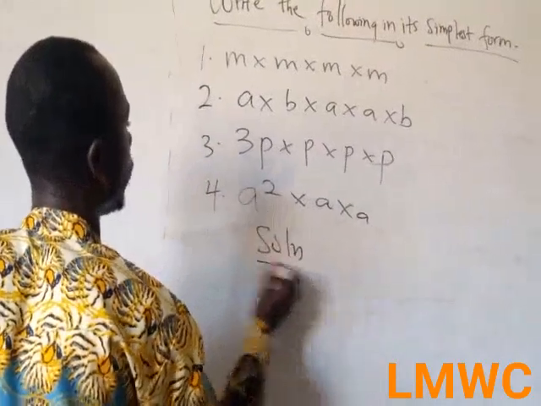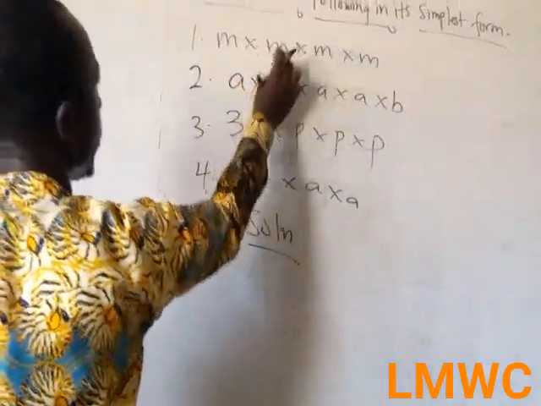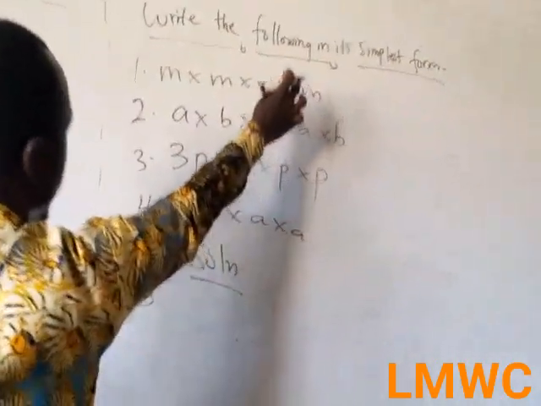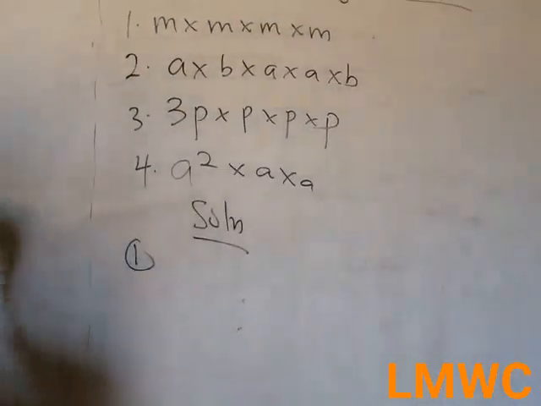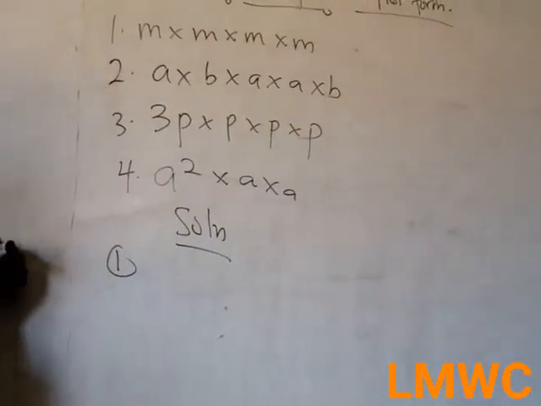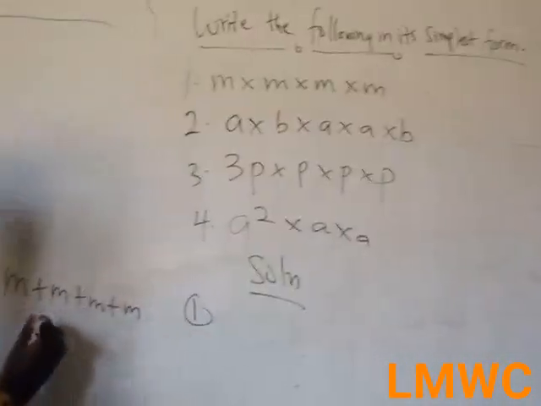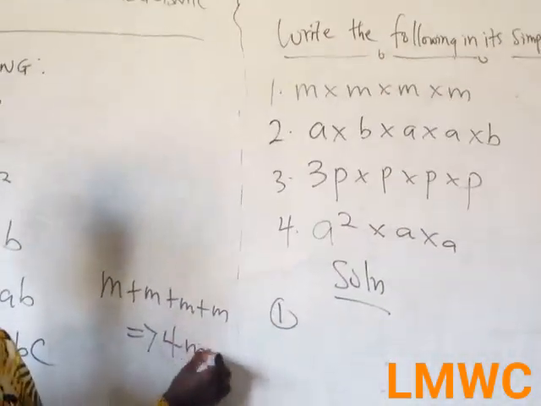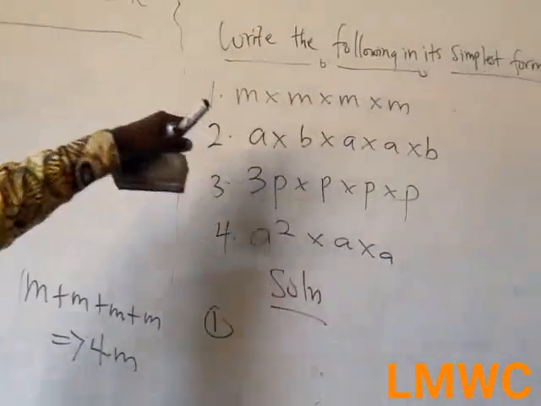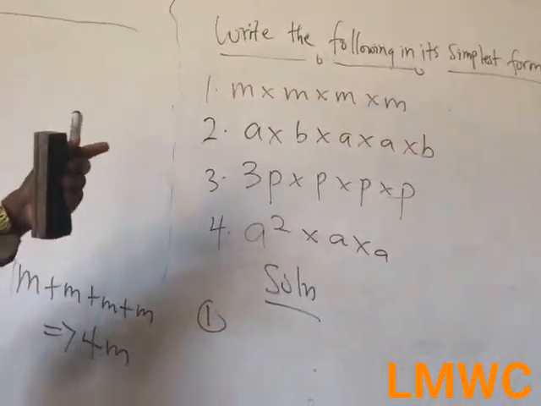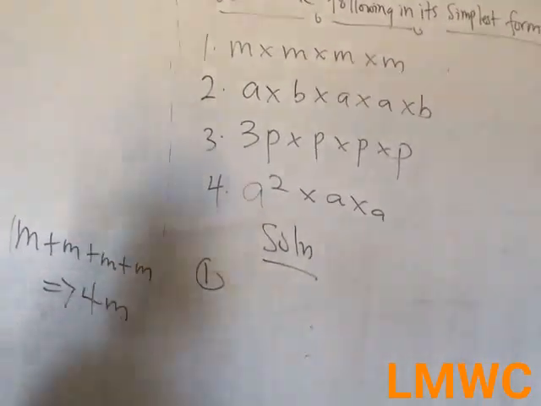Solution. 1. This times this times this times this. You see, if you were supposed to add m plus m plus m plus m, it becomes 4m because the coefficient for m is 1. Here too, the coefficient for m is what? 1.